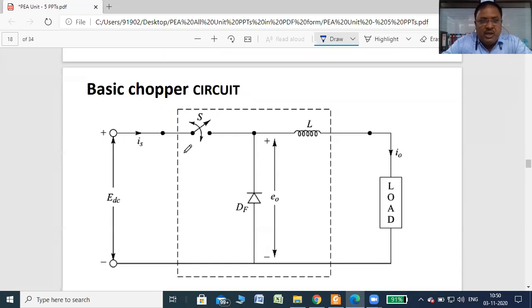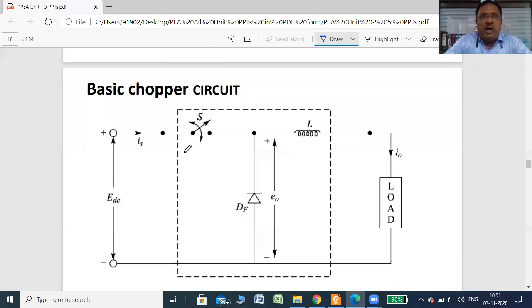Or maybe a power switch. You can use any power switch, maybe a power BJT, power MOSFET, IGBT, SCR, GTO, anyone. Keep in mind, SCRs are used for high power applications, and other devices you can use for low and medium power applications. With these switches, there is always a requirement of a triggering circuit and protection circuit, so that is not shown here.